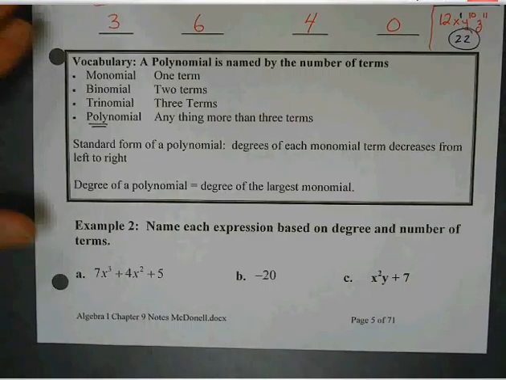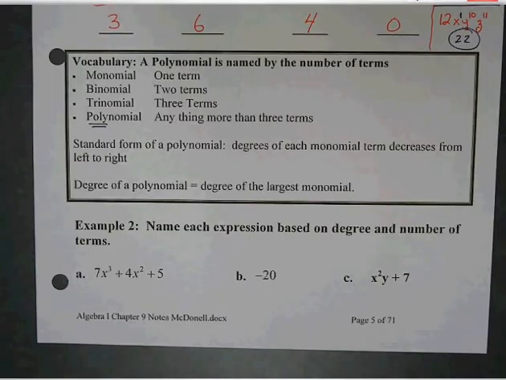Now, just like we say a person's name, Justin Berg, we put the Justin first because our first name comes first. When we're writing out a polynomial, we typically write it in what's called standard form. Standard form just means the biggest number with an exponent comes first. So if something has a degree 6, it comes before the degree of 5, and so on all the way down to something with a degree 0.